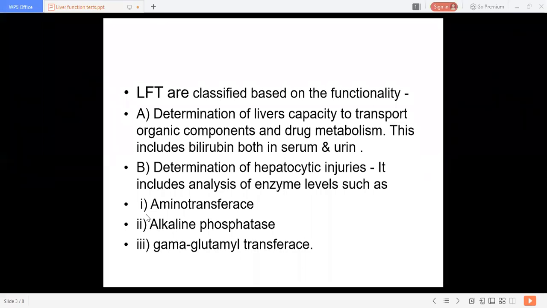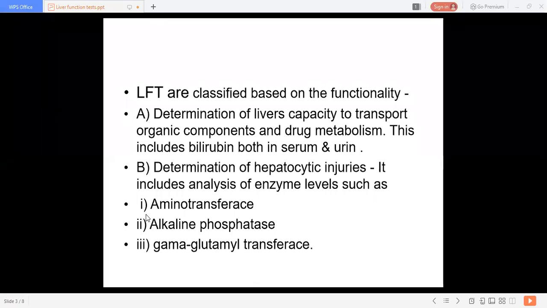But ALT, alanine aminotransferase, is primarily present in the liver only. So among these two, ALT is considered a better parameter and more specific to the liver, for liver injuries or any pathology of the liver.